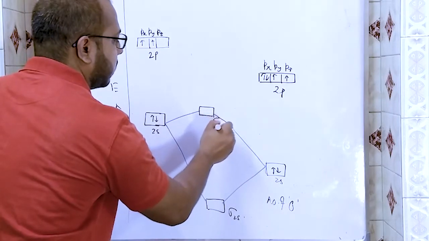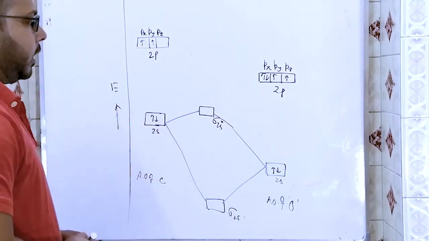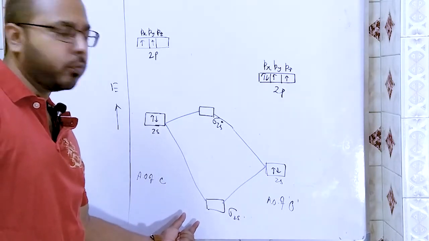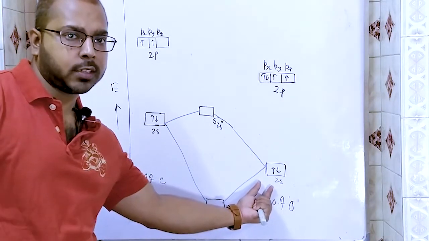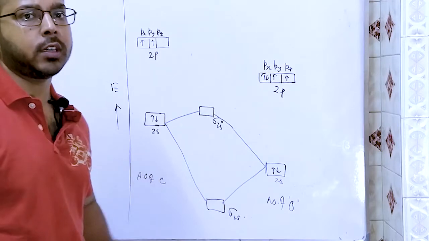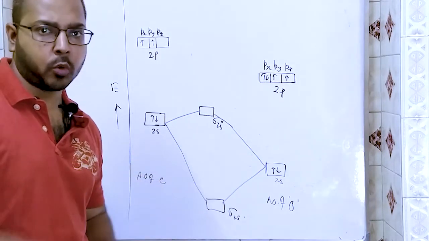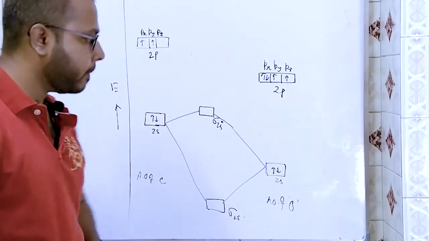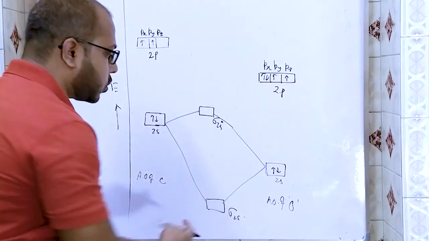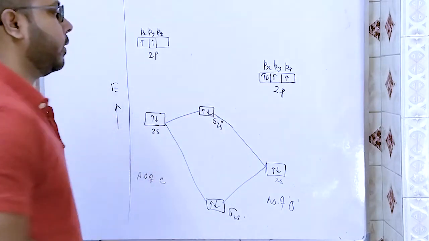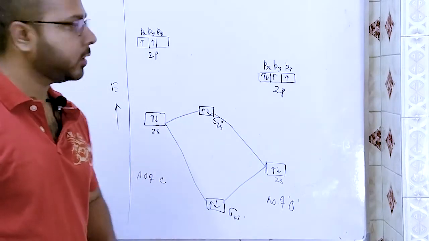And we need to remember that the bonding portion will be towards oxygen and the anti-bonding portion towards carbon, as oxygen is more electronegative in nature. Now electrons are to be filled up here, no problem with that.